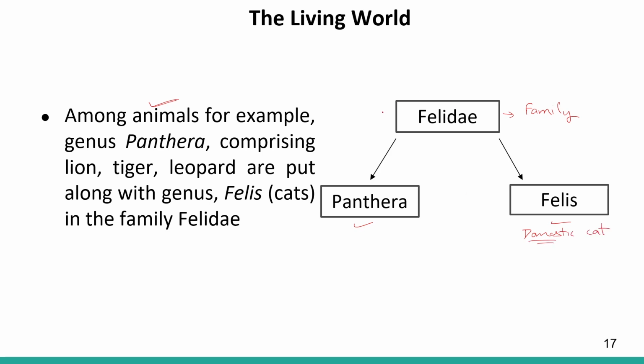So family comprises different genera which share common characteristics. Here you can write an example again: lion, tiger, leopard. Lion and leopard share some of the characteristics with the domestic cat, but only some. So the number of similarities is decreasing now.